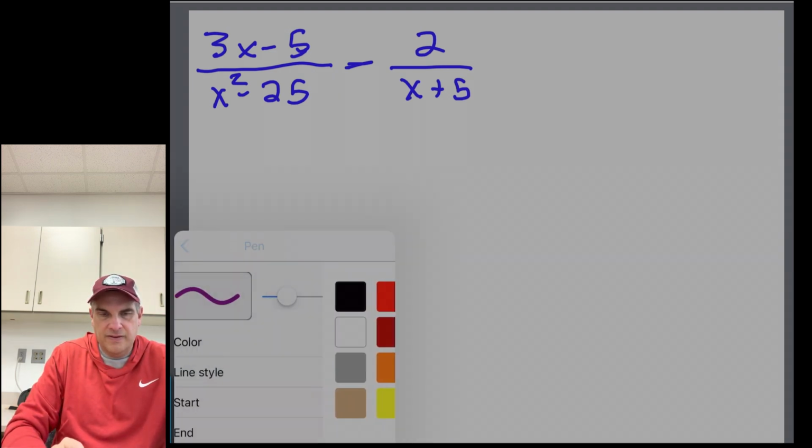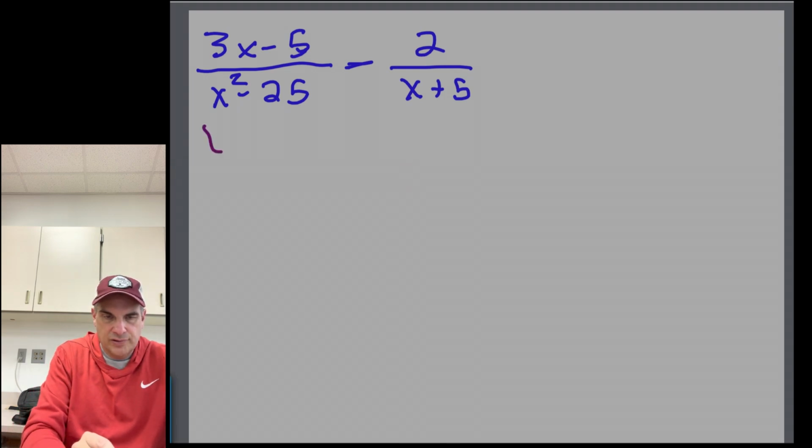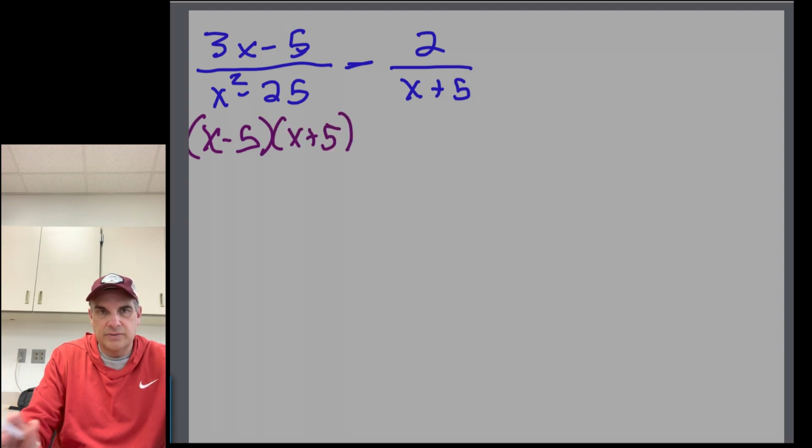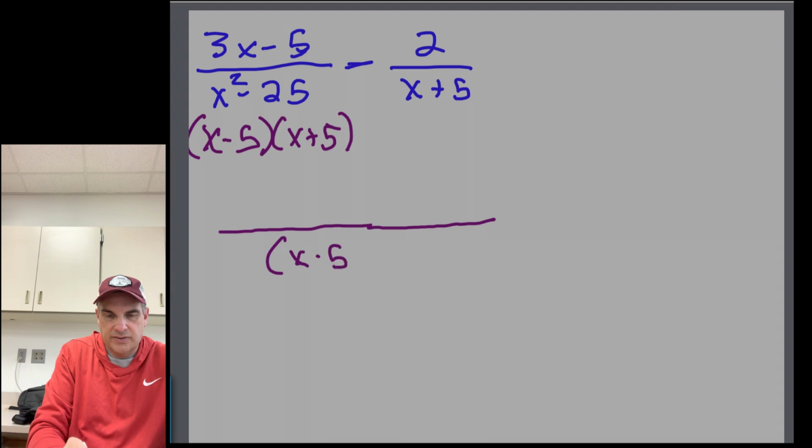Okay, so I'm going to factor first. That's x minus 5, x plus 5. It's already factored, so I don't need to do anything with it. So write out my least common denominator, and again, I'm just going to write it once. x minus 5, x plus 5.